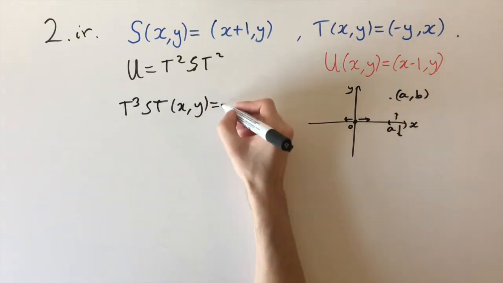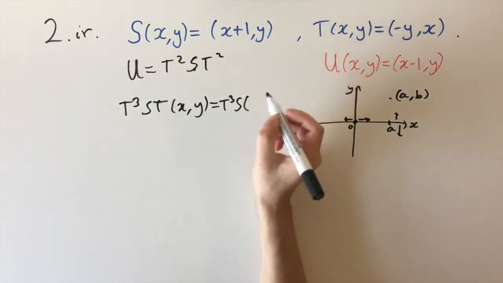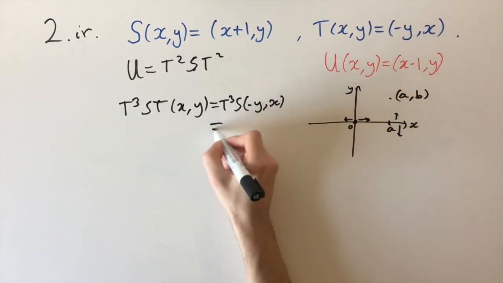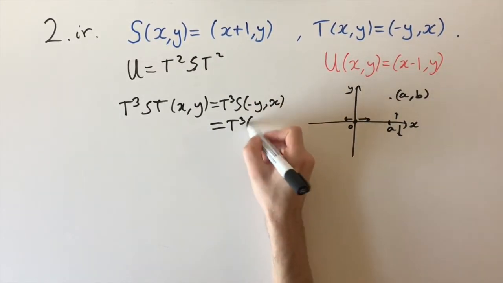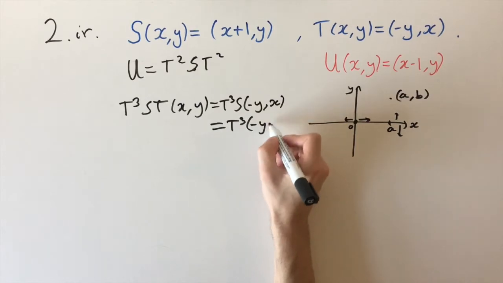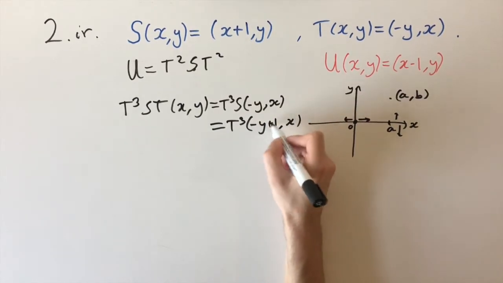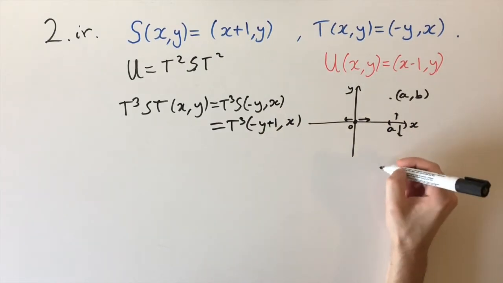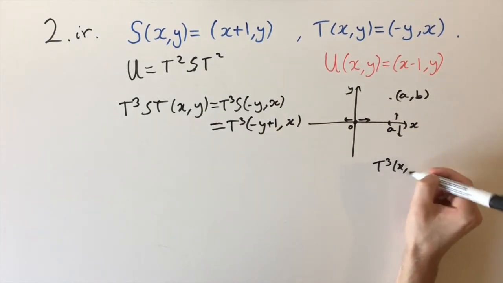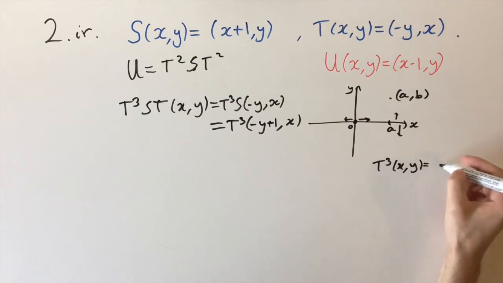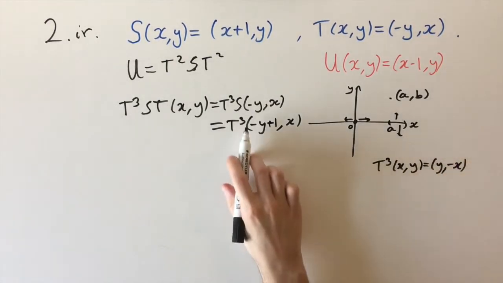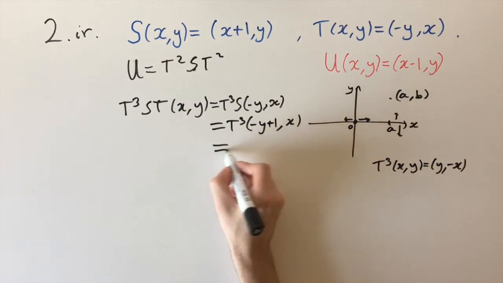So let's just do this. t cubed s of, we know what t is, that's minus y, x. And we know what s is, okay. We just add 1 in the first coordinate. And if you remember what t cubed was from earlier, t cubed of x, y was the transformation y, minus x. So let's apply this rule to this coordinate pair.